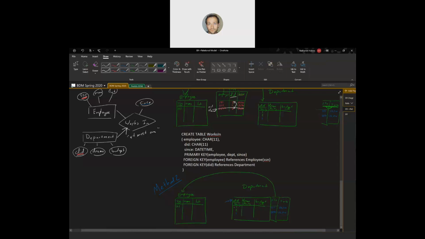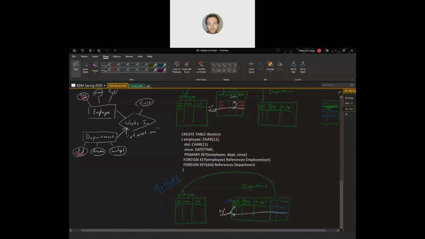So here, this is not allowed, for the same reason as this example where we had a separate table.